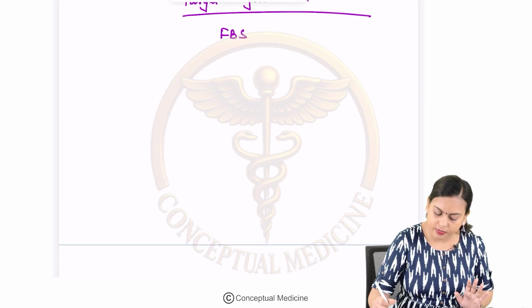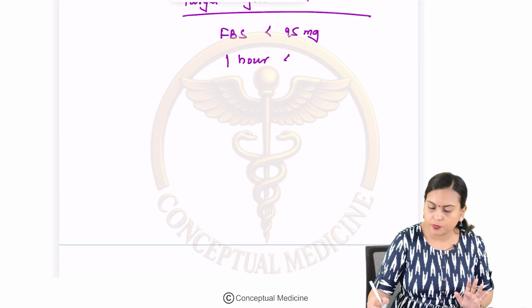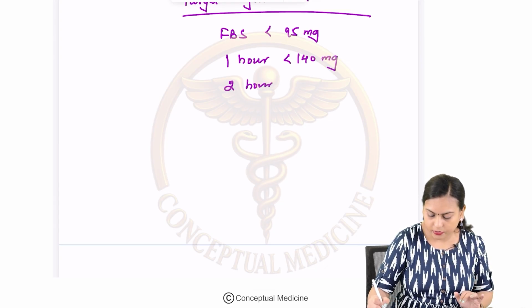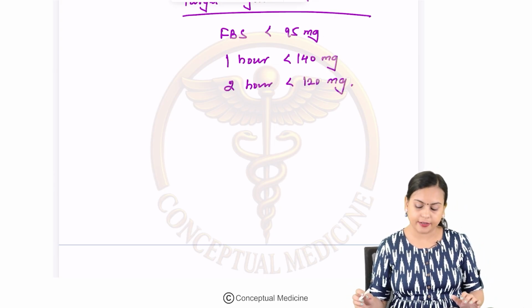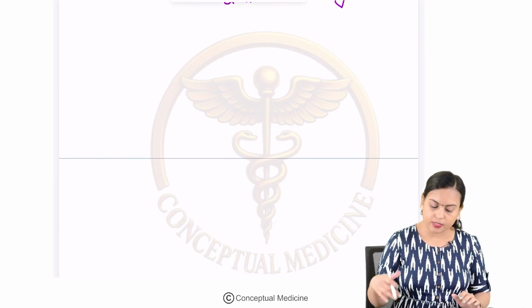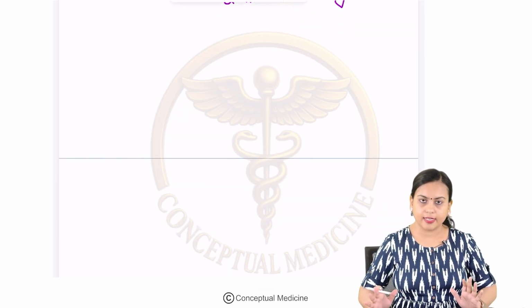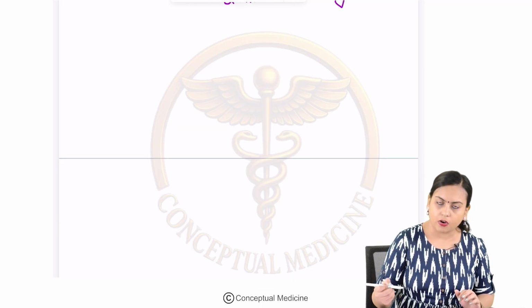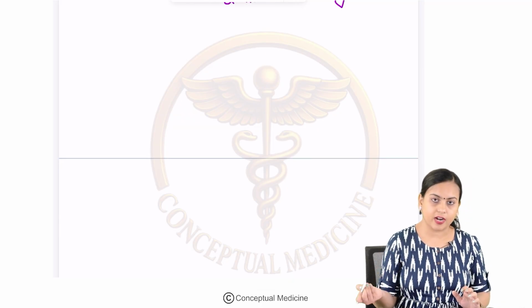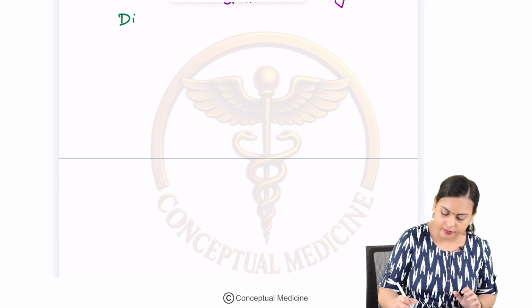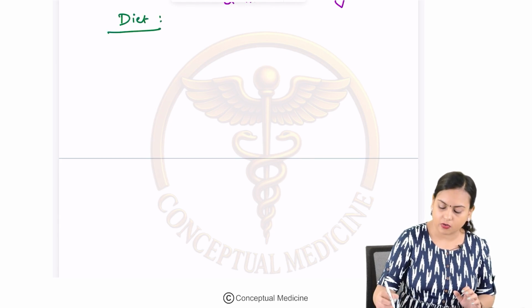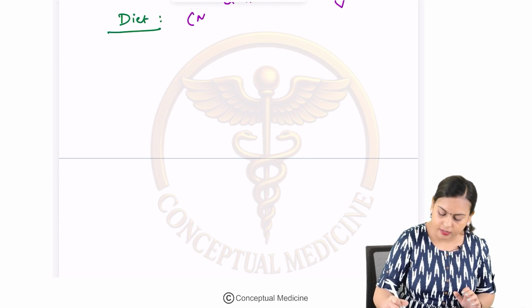The fasting blood glucose level should be less than 95 milligram, the 1-hour value should be less than 140 milligrams, and the 2-hour value should be less than 120 milligrams. Clear? Suppose she has any deranged values, then the first thing we have to advise is diet. That is also known as medical nutrition therapy.